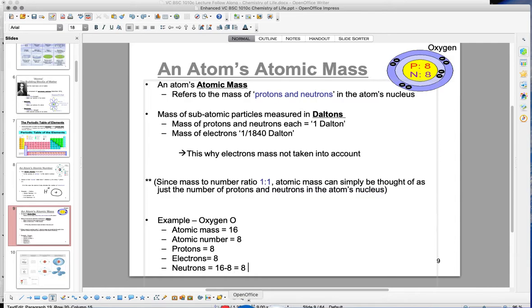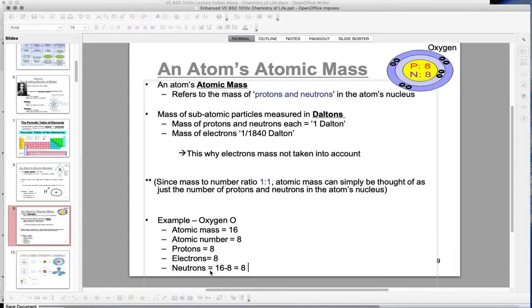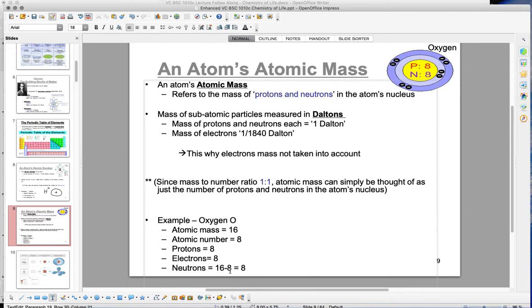Do you see how I did that? The atomic mass refers to protons plus neutrons, so we subtract out the number of protons, leaving us with 8 neutrons. Or if we work backwards, 8 neutrons plus 8 protons give us an atomic mass of 16. That's how we'll do that.